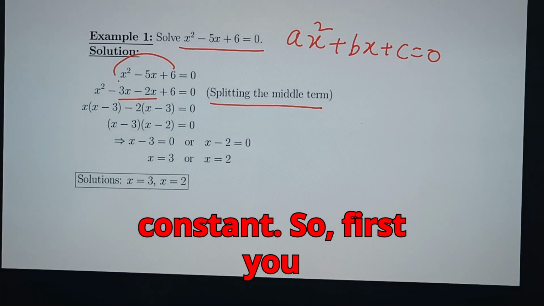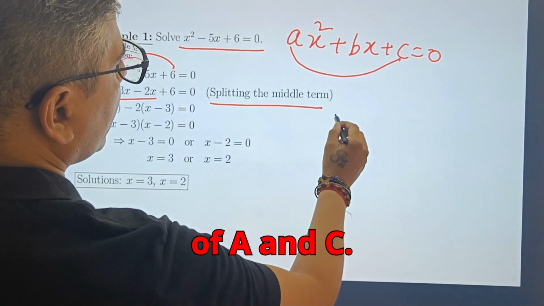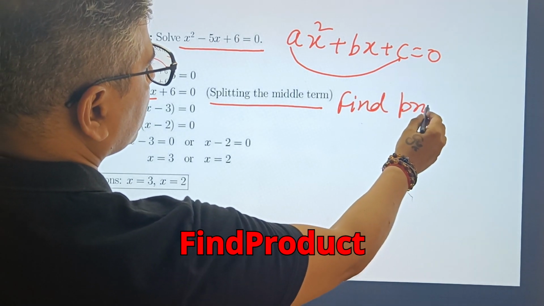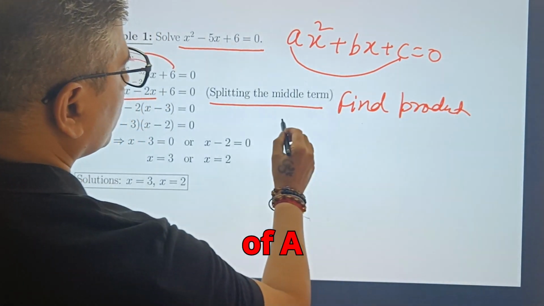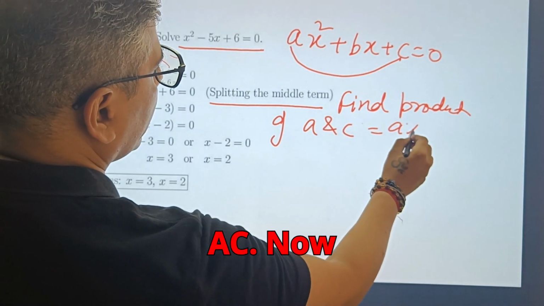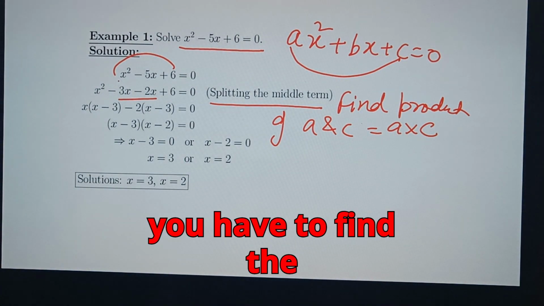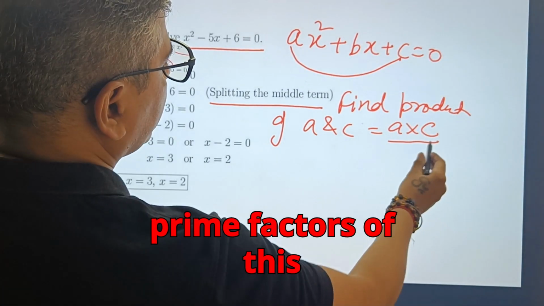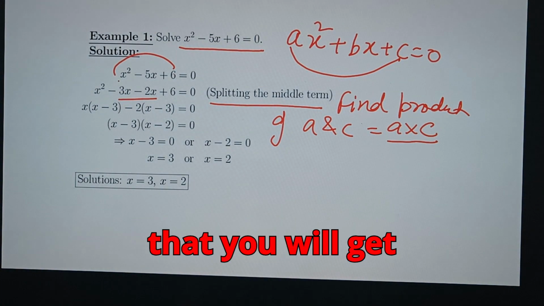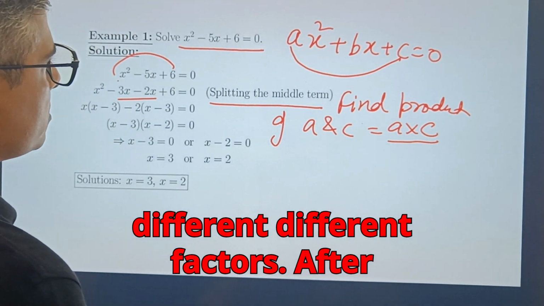So first you have to find the product of a and c, which is equal to a into c. Now you have to find the prime factors of this particular product so that you will get different factors.